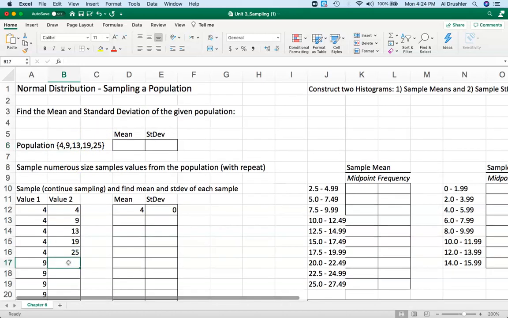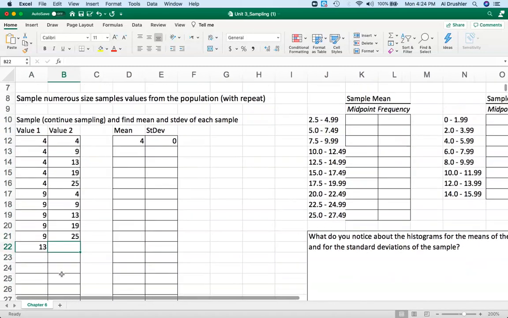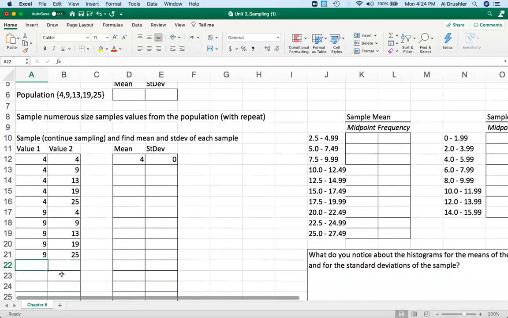I'll do the next set so you can get an idea. It's going to be 9, 4, then 9, 9, then 9, 13, then 9, 19, then 9, 25. Then you'll start with the 13s, and you just keep going. I'm not going to do it, otherwise I'm doing the whole project for you.